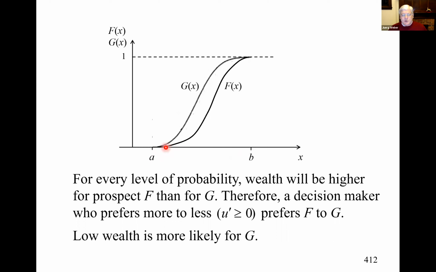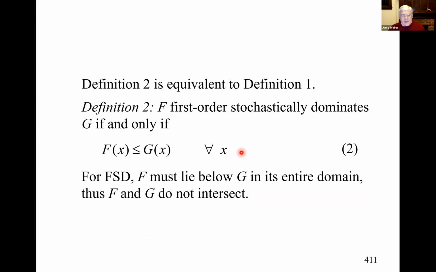And then I have the cumulative distribution function F and the cumulative distribution function G. And the F value must be less than the G value for all the x's between A and B.